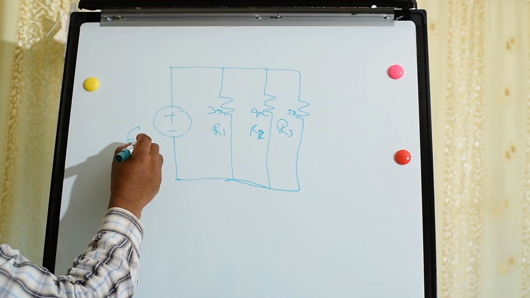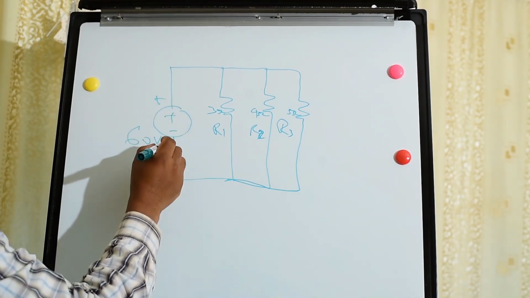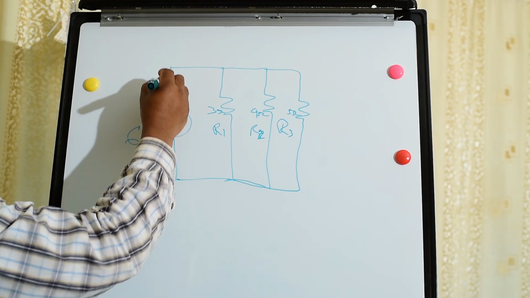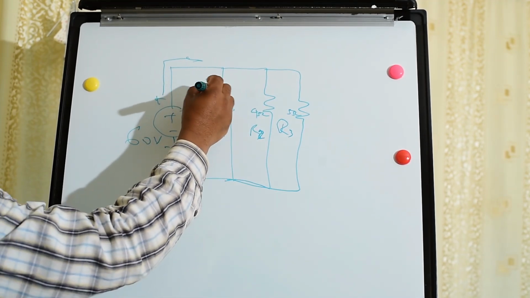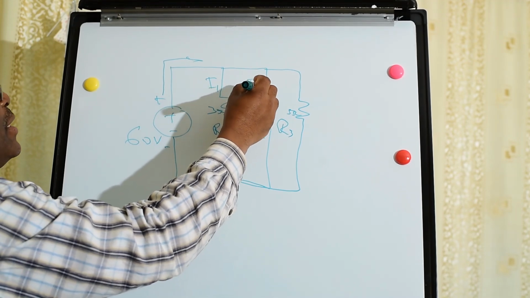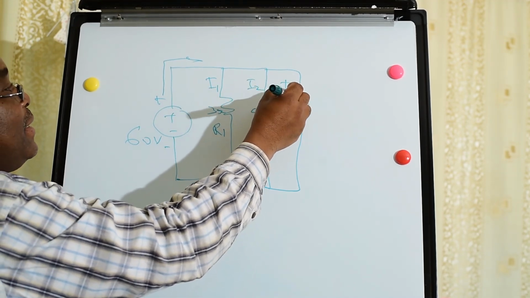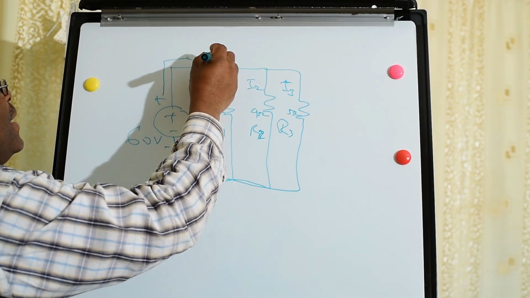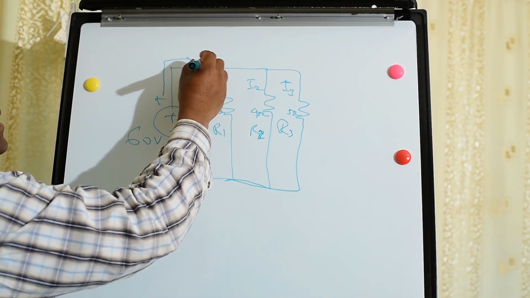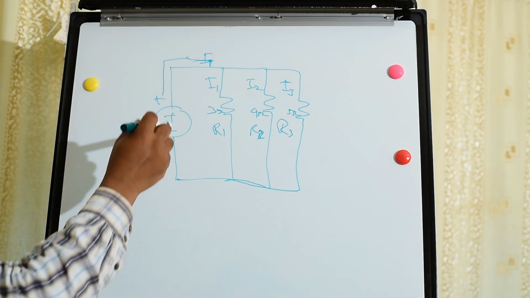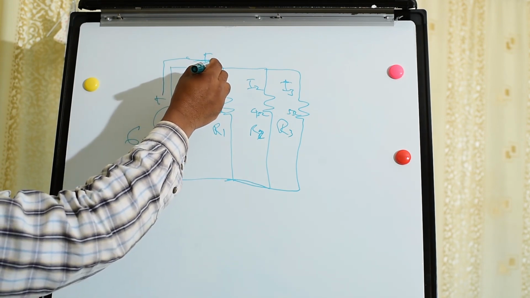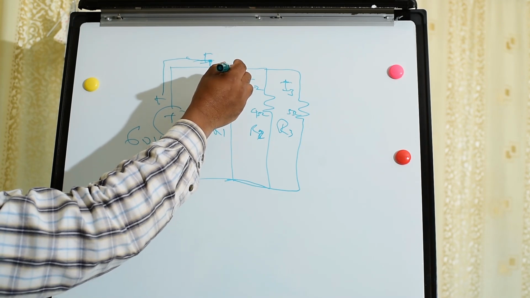Our 60-volt battery is here, positive and negative, and the current will flow in this direction. This will be I1, this will be I2, and this will be I3. This will be the total current. According to Kirchhoff's current law, the total current will be the summation of the currents in the branches.